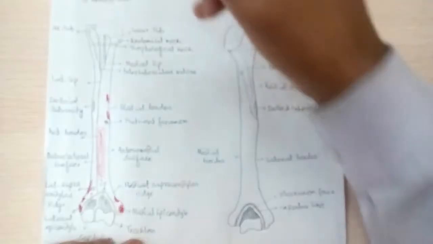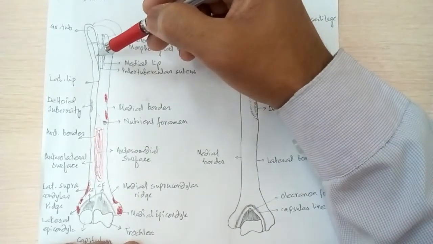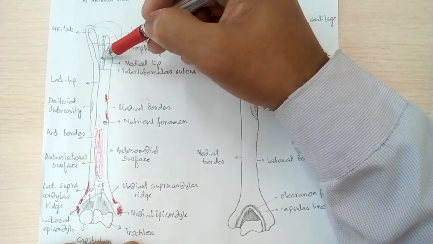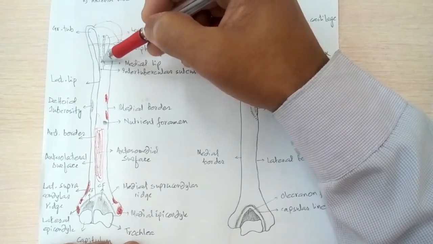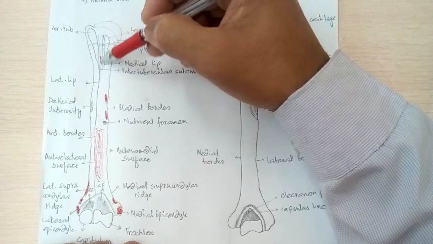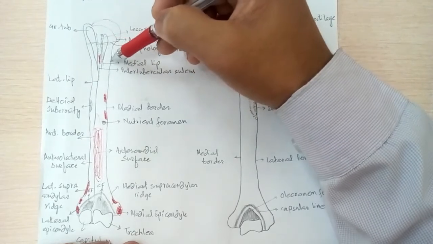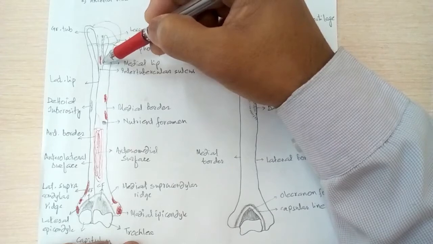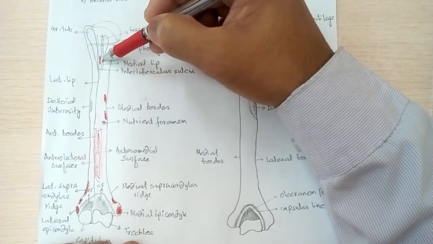And we have two important muscles here. On the bicipital groove, we have the latissimus dorsi, and on the medial lip, we have the teres major muscle.